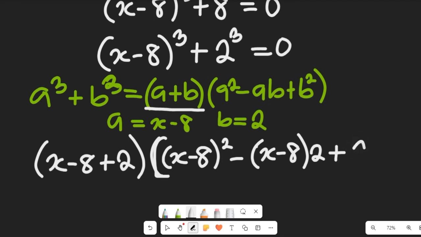So the value is going to give us 2 squared, and all this in a close bracket.